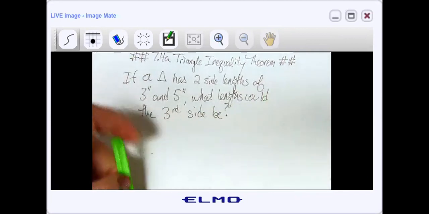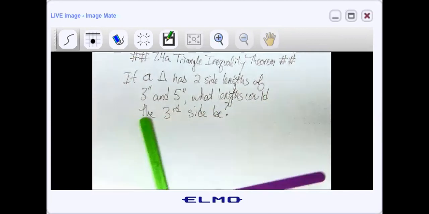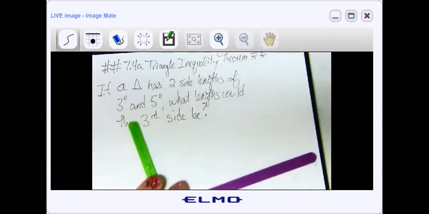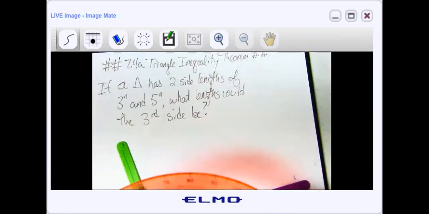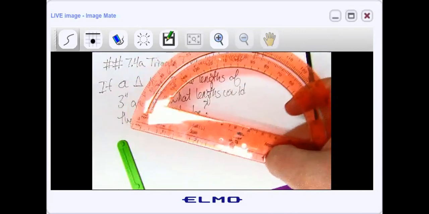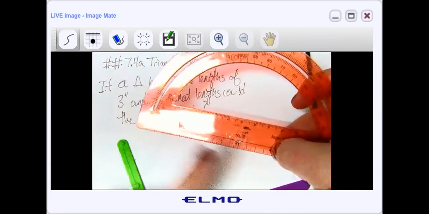Okay, so let's go with 4 inches. So there's my 2 sides. And let's measure out if I could have 4 inches. So there's 4 inches on my protractor from the edge to my thumb.